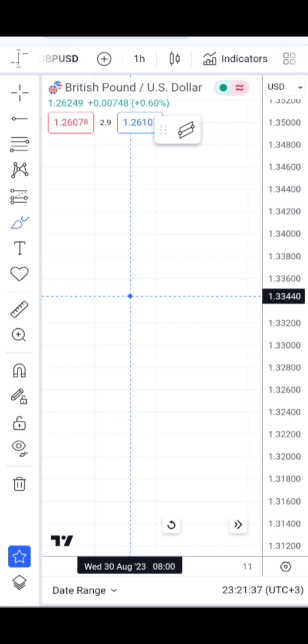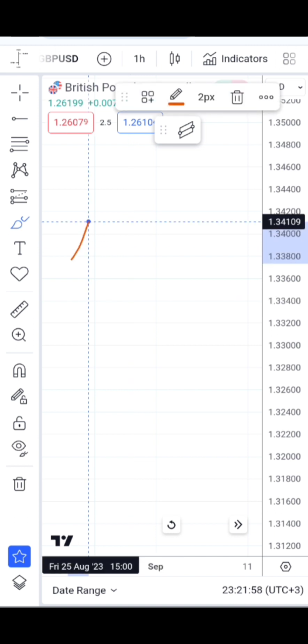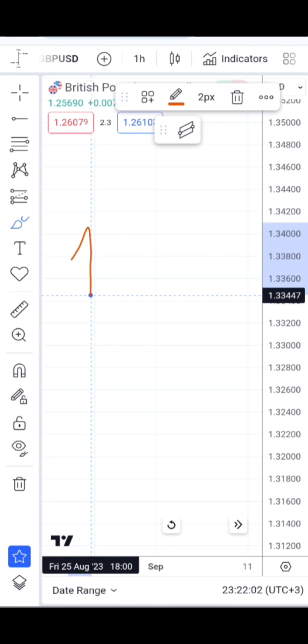In the process, there is a break of structure to the upside while respecting the lows. So for a downtrending market, the market creates lows and highs, but in a rather different fashion compared to the uptrend. In this case, the market creates lower lows and lower highs. So from this low, the market creates a high, and from that high, it breaks that low to create a new low.